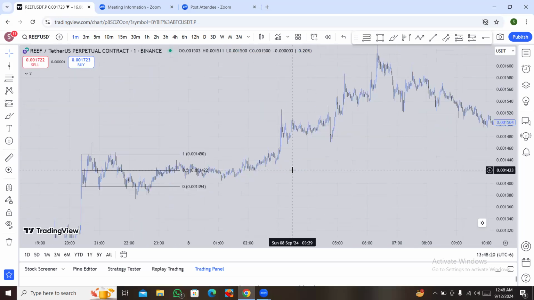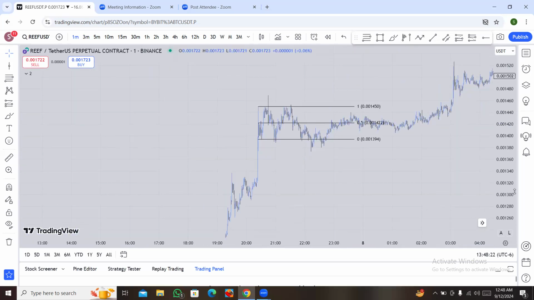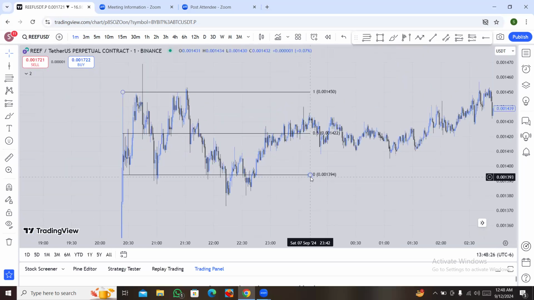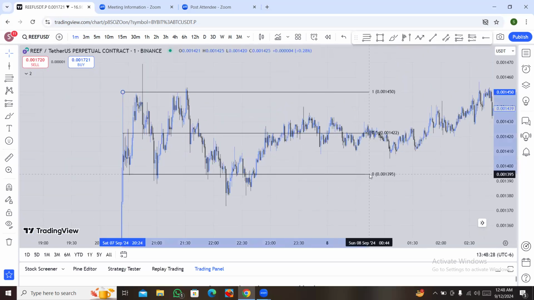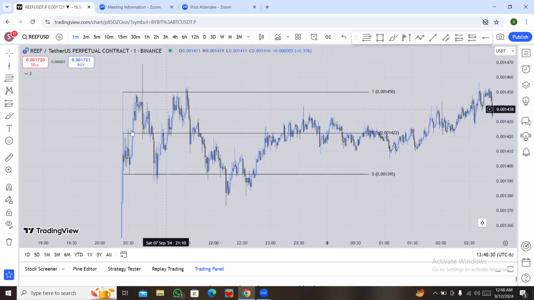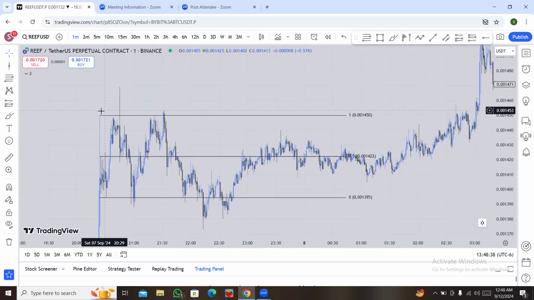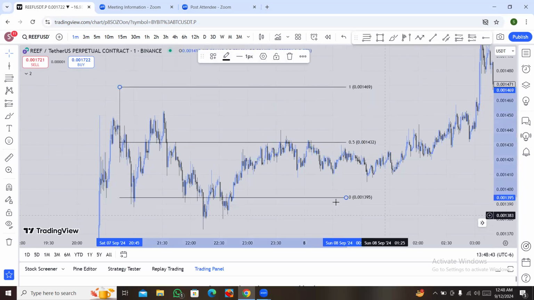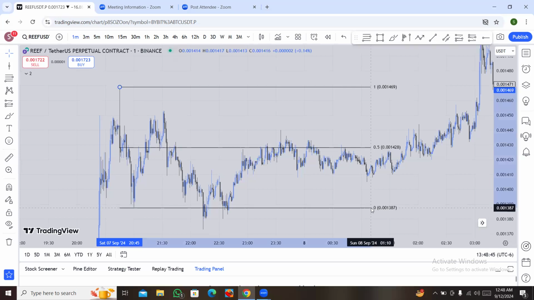So let's see on M1. So M1 range is clear. A quick buyback here created range high. You can take this as a range high as well. And on M1, you can take this as a range low.